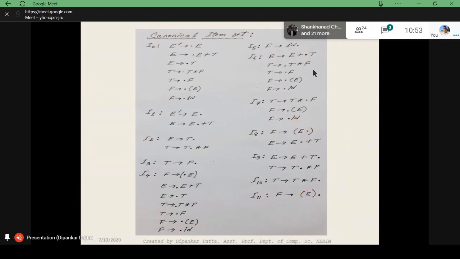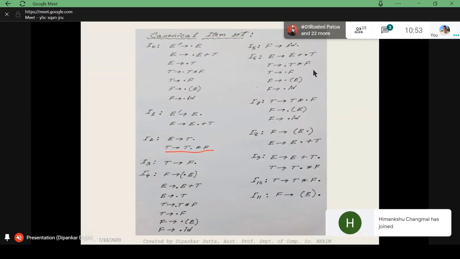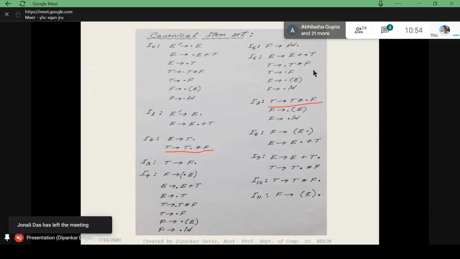Similarly, if we go for this one, T dot star F, what will be the output? Anyone say? Junali, tell me. T star dot F, where is it available? It is available here.